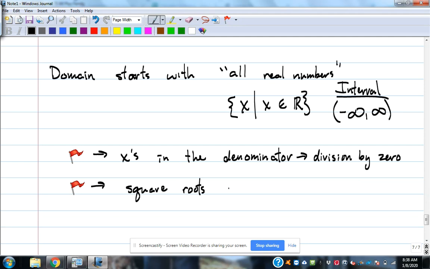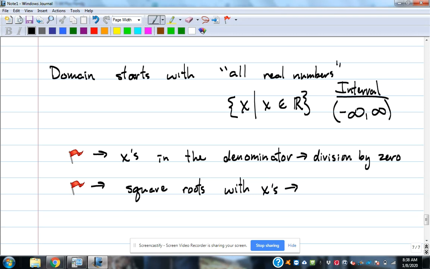Square roots. When you take a square root, what kind of number makes the square root do something weird? Negative. That's where we get into that complex number system with the i's and stuff like that. So when we're dealing with functions, we only want to talk about the real number system.